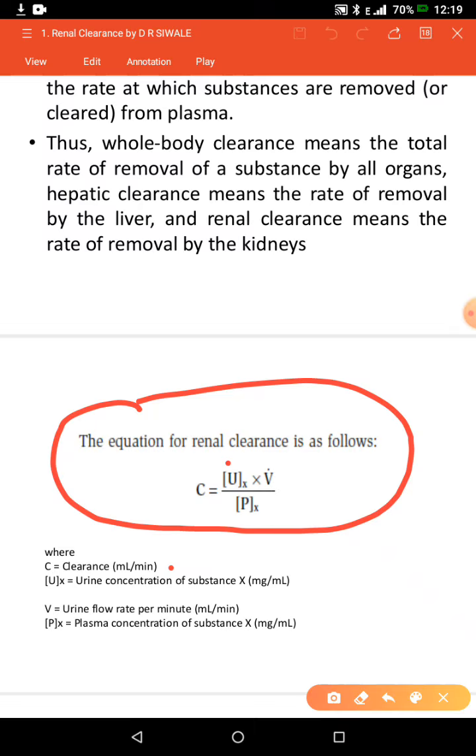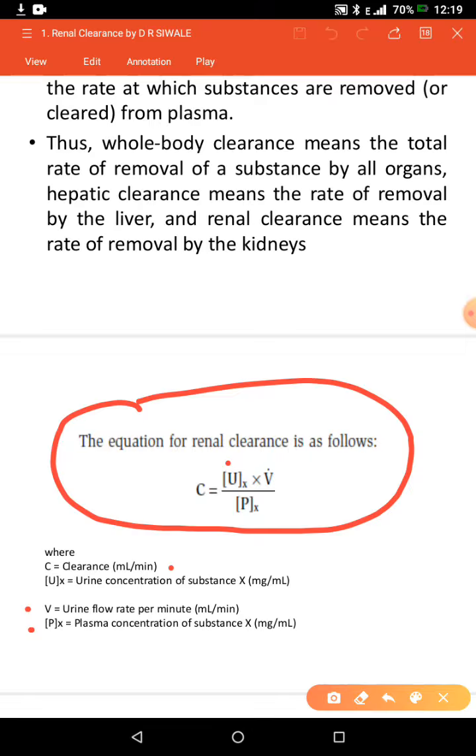It can also be glucose. And then V is the urine flow rate per minute. And P is the concentration of a substance in plasma.